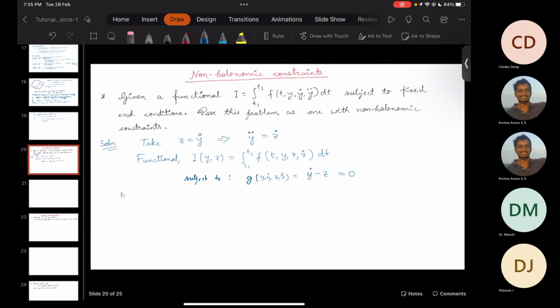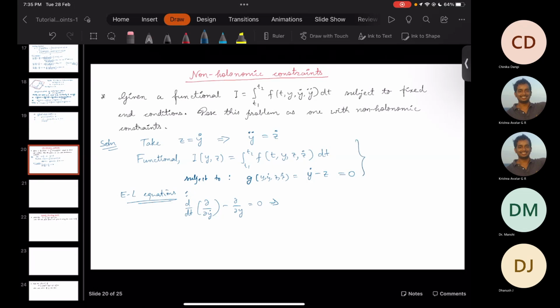And if we find the Euler-Lagrange equations, since the functional consists of two dependent variables, let's find the first one. So d by dt of dou f by dou y dot minus dou f by dou y is equal to 0, and this gives us, and before that I'm jumping ahead of myself.